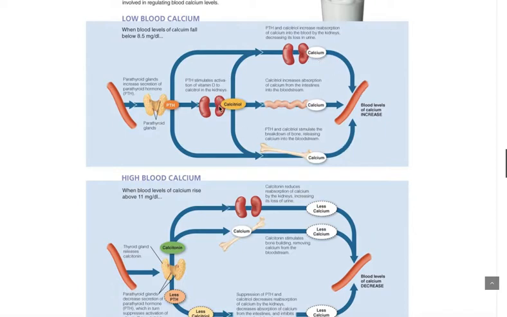It also goes to the bone, and if you don't have enough calcium, it's going to start taking calcium from your bone. So that's not very good at all. It also stimulates the action of vitamin D or calcitriol, and the calcitriol increases the absorption of calcium from the intestine. So it does 3 different things.